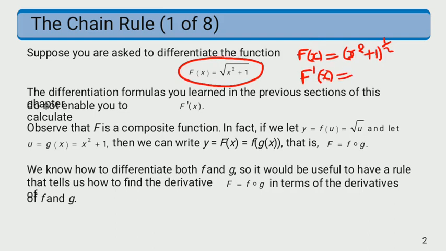You start bringing the power down using the power rule, keep your term x squared plus 1, and then subtract 1 from the power. When you subtract 1 from half, you get minus half. This is just the power rule, but this is wrong. This is not a correct answer.